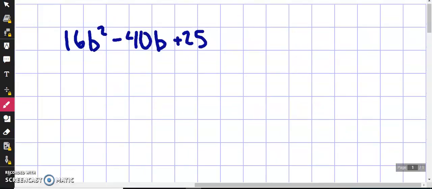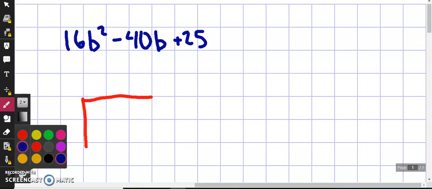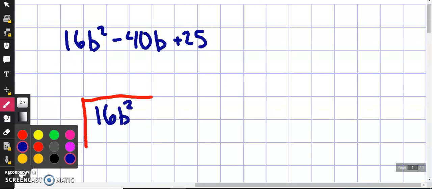All right, so let's look at a second example. There's going to be a similar pattern to this one as there was to the one that we just did. So I'm going to set up my box. Once again, I know that I start with 16b squared. I end with plus 25.